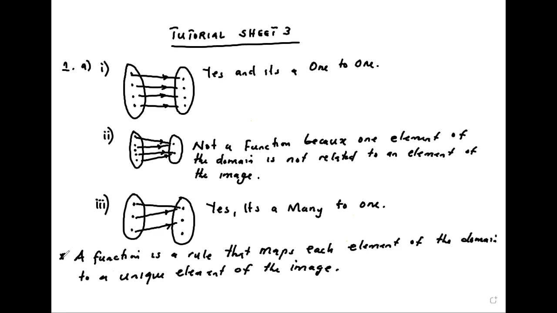So the concentration is on the domain. It must be uniquely related like that. Okay, we go to the fourth one.